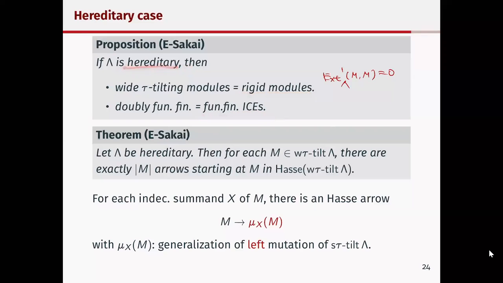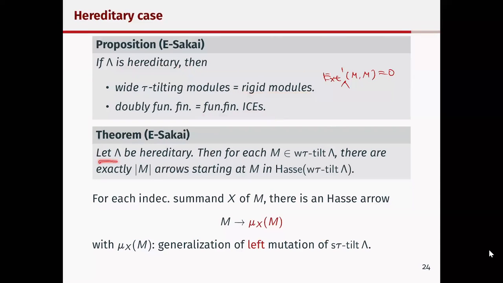And this is what I had already obtained before. So in the hereditary case, everything is very easy because we only have to consider rigid modules and don't have to care about wide subcategories. And by using this simple situation, we can show the following result.